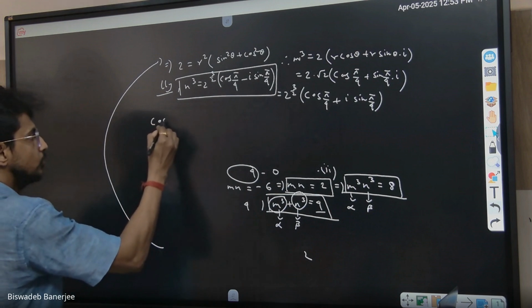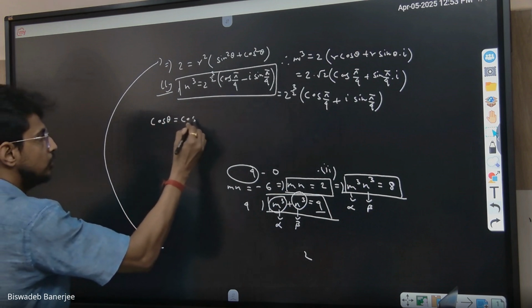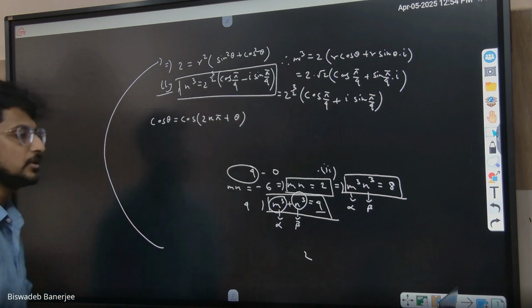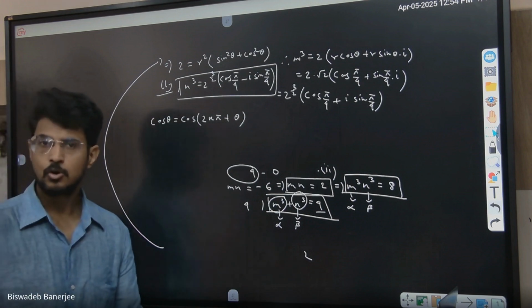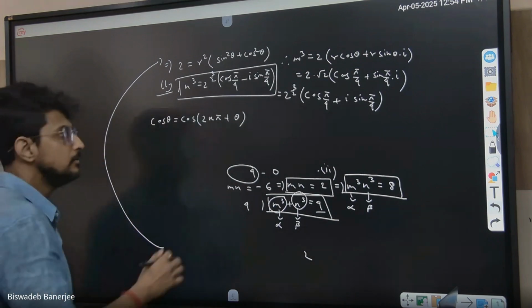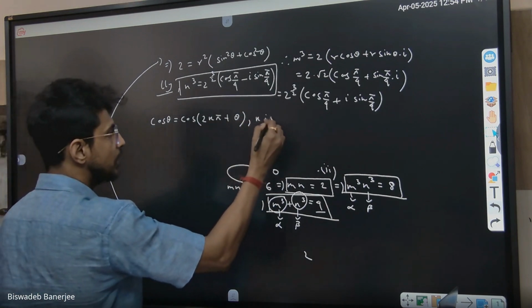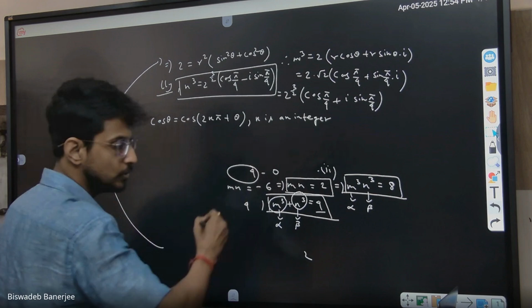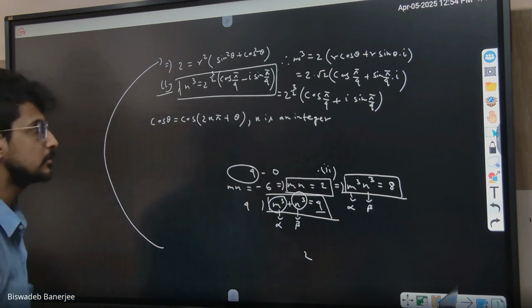Result is, we know cos theta is equal to cos of twice k pi plus theta, where k is an integer. We know this result from the complex number chapter.